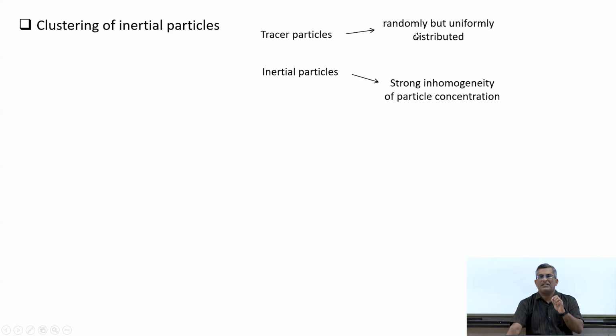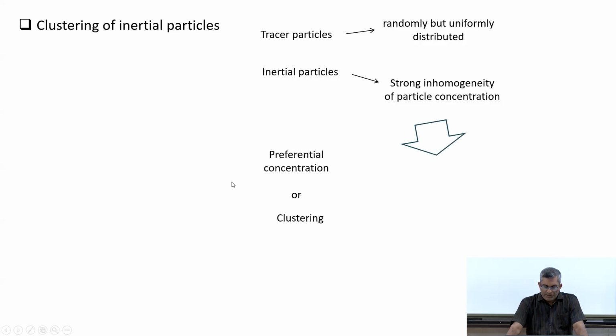If we add tracer particles which are perfect flow tracers, so they track the flow faithfully, they are distributed homogeneously. But once inertia starts to govern the particle dynamics, that leads to strong inhomogeneity of particle concentration, and this leads to preferential concentration or clustering.